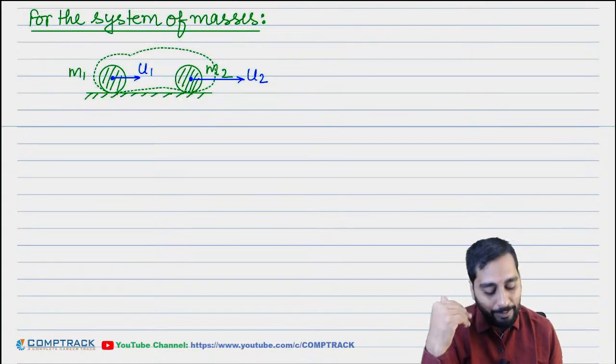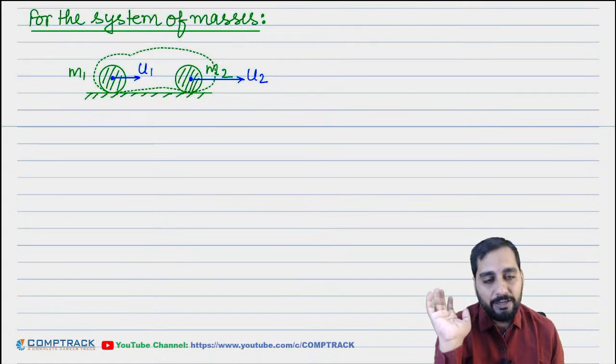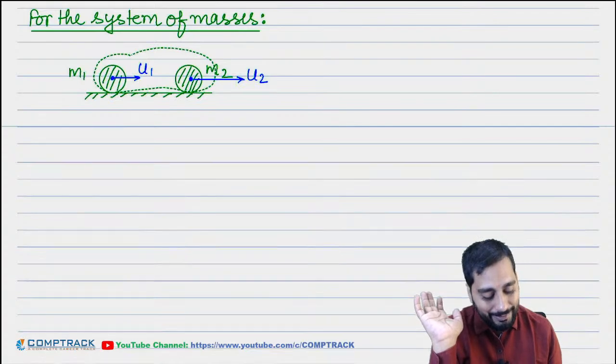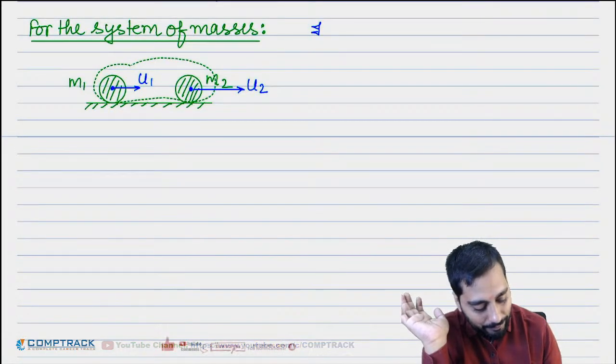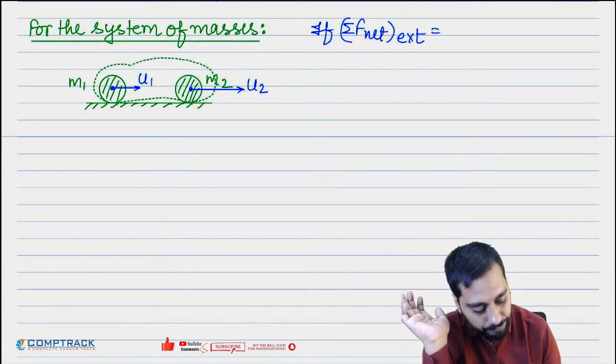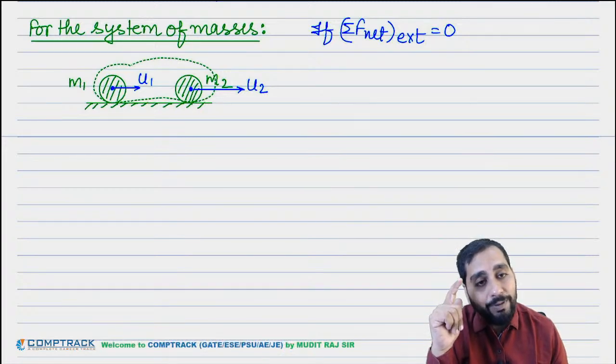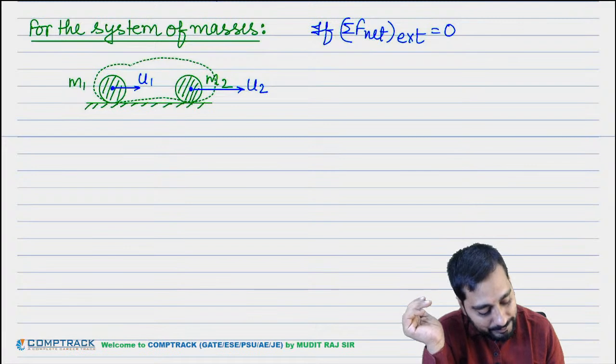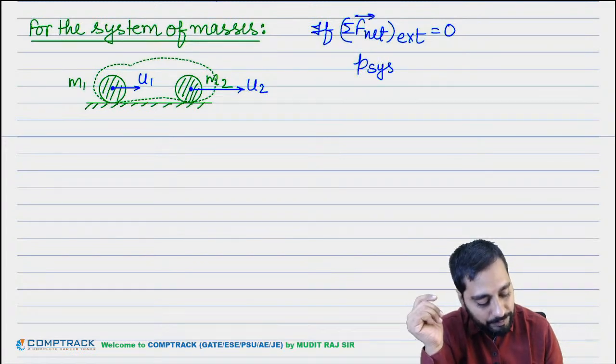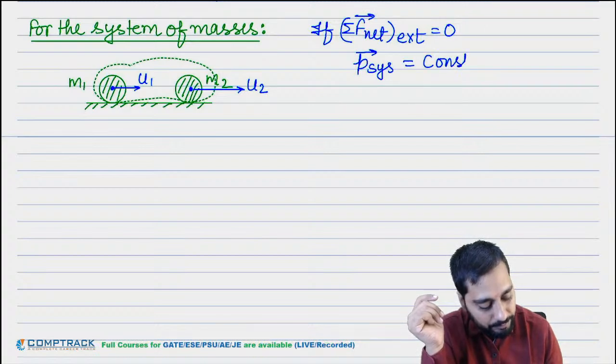If something happens without external force, then we can write here, if net external force is equal to 0, the linear momentum of the system will remain conserved or constant.